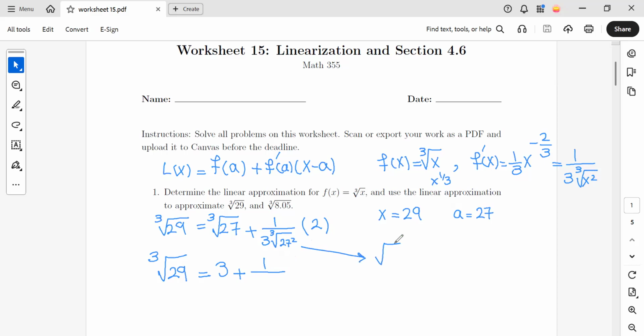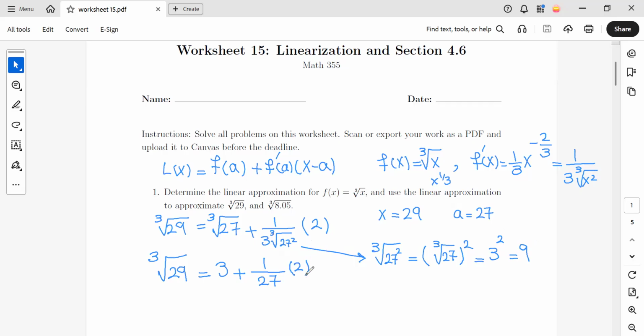For finding cube root of 27 squared, we can rewrite it as cube root of 27 totally to the power 2. We know that inside the parentheses is 3 and we have the square here, so this one would be 9, but we have a 3 next to it. So 3 multiplied by 9 will be 27.